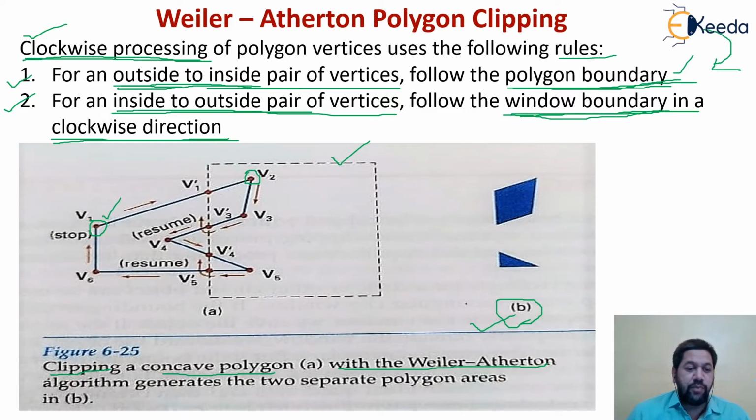As all of you already know, the procedure is to take V1 to V2 and find the intersection point between them, that is my V1 dash. Now V1 is not considered, my segment will be V1 dash to V2. No problem with V1 dash to V2, it is completely inside and it is drawn.